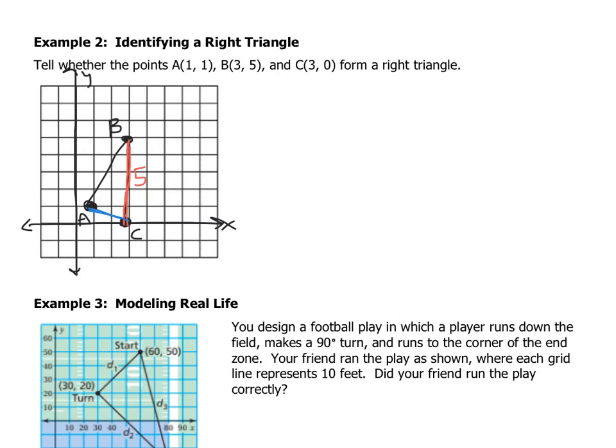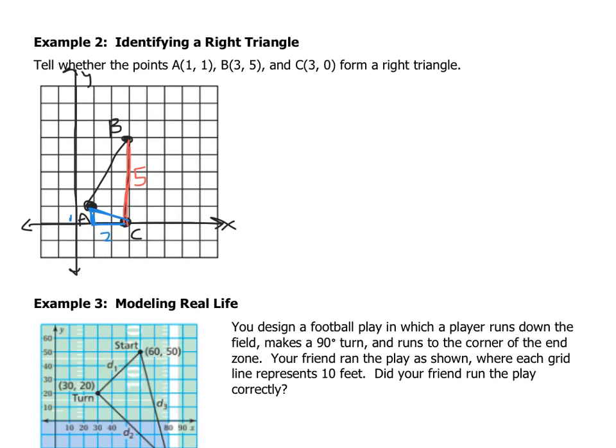Now what I need to do is figure out the slanted sides. Back in the Pythagorean theorem lesson, I told you if you're trying to find a slanted distance, you can turn it into a right triangle. We're trying to find the distance from A to C. In order to do that, I need to pause for a moment on my original triangle and create this blue triangle right here. So my distances here are 1 and 2.